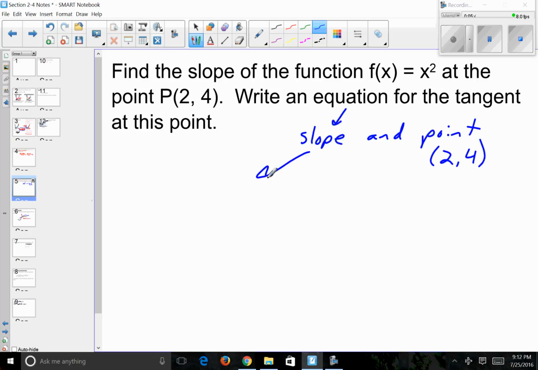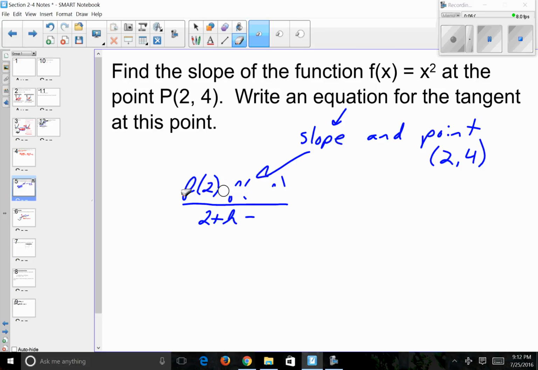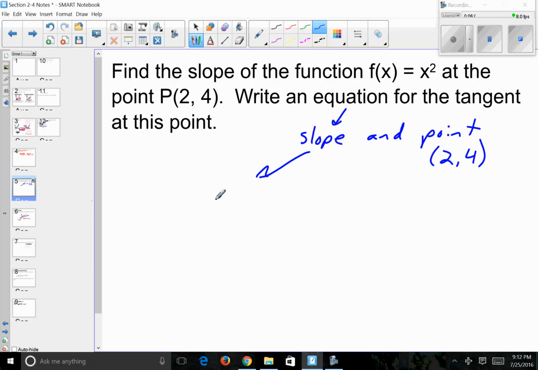To find the slope, I want to find f of 2 plus h, which is just a little bit to the right of it, minus, whoops, I made a mistake there. I had switched things around. I want to take the point just to the right, take away the point at 2, f of 2.